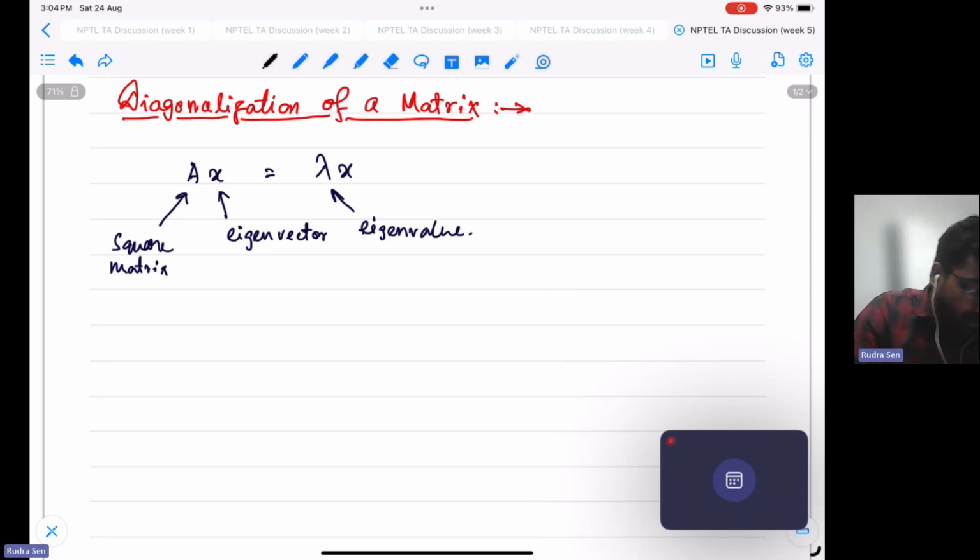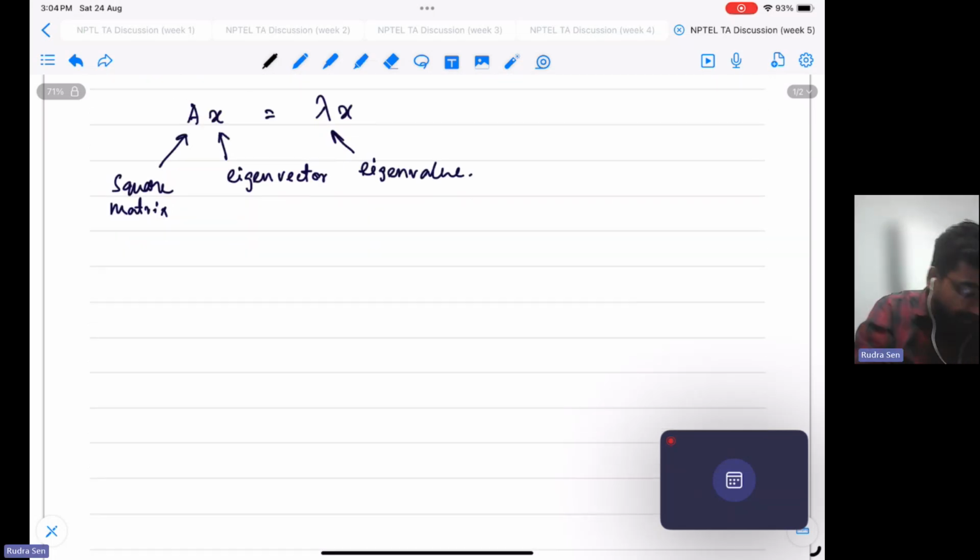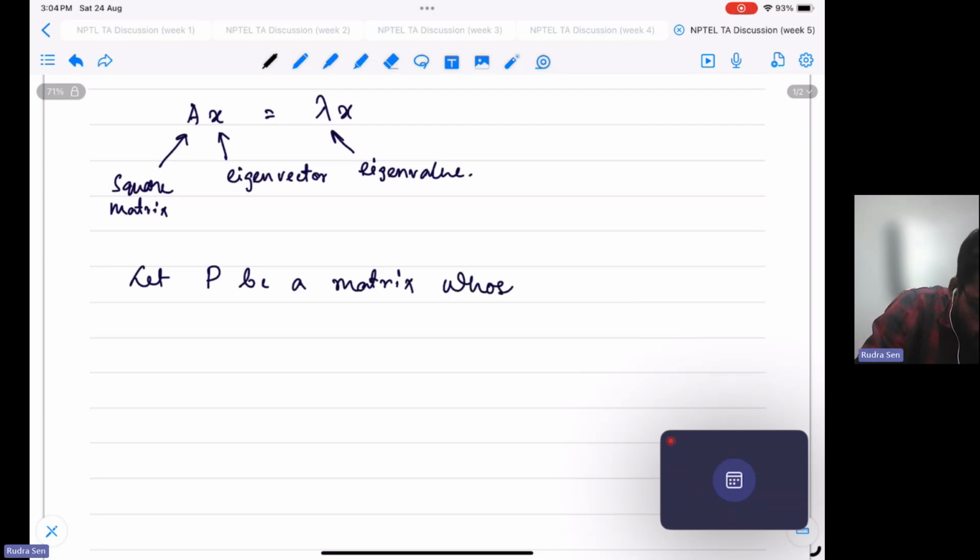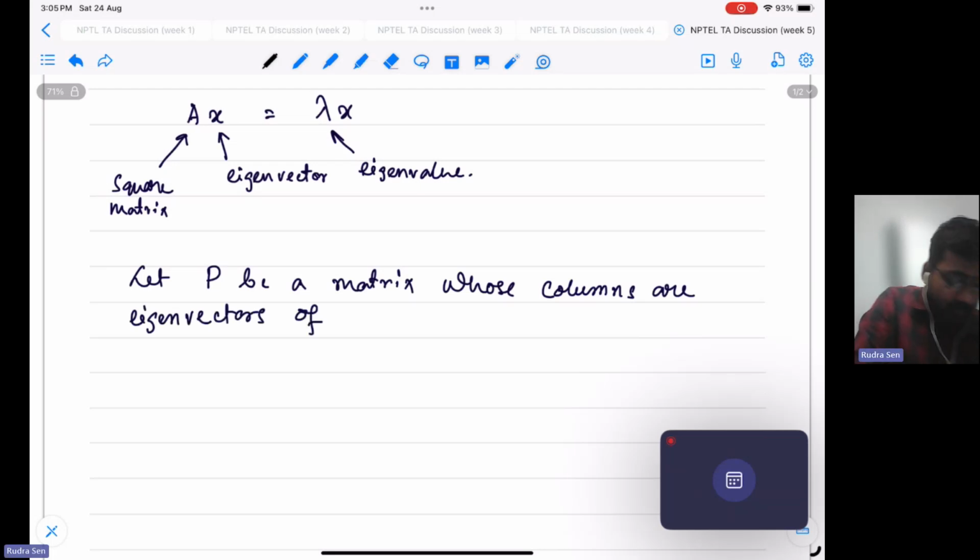Now let P be a matrix whose columns are the eigenvectors of A.